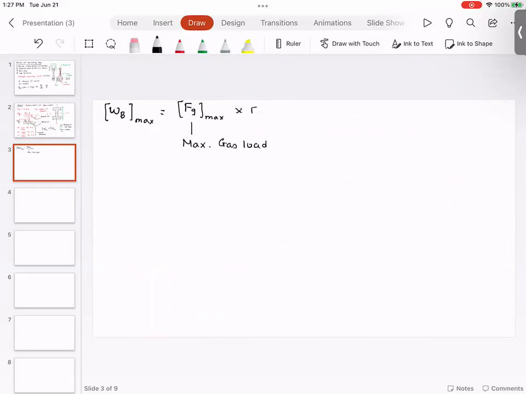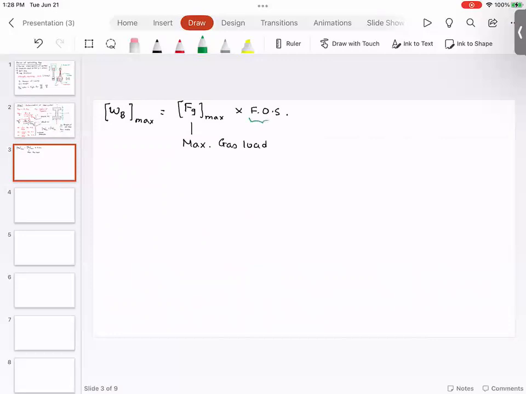Multiplied by a factor of safety. Now, why is this factor of safety considered? Many a times we do not know exactly what would be the maximum gas load. So to compensate for assumptions, for material properties, material impurities, and to take into account the inertia effects, you have this factor of safety.